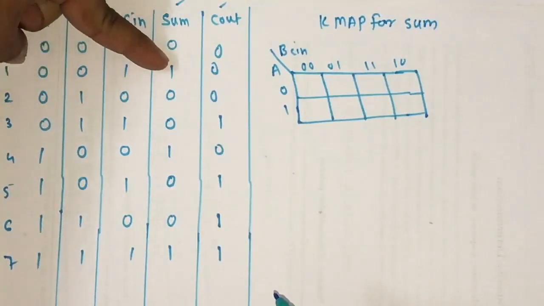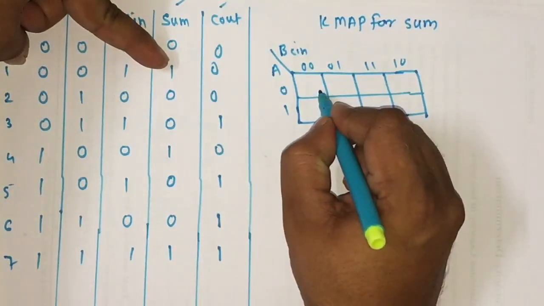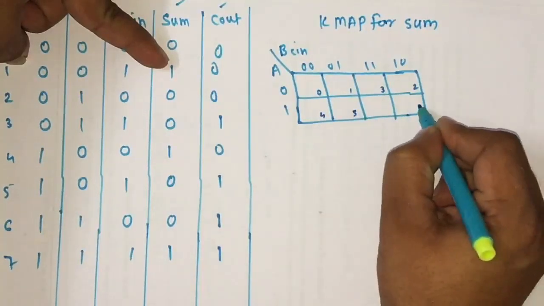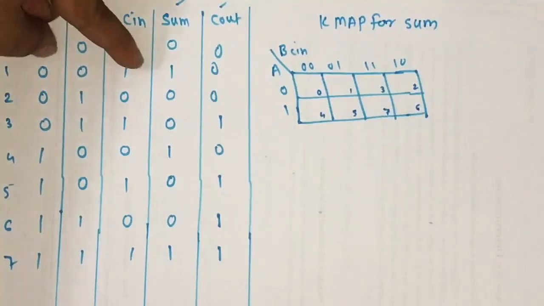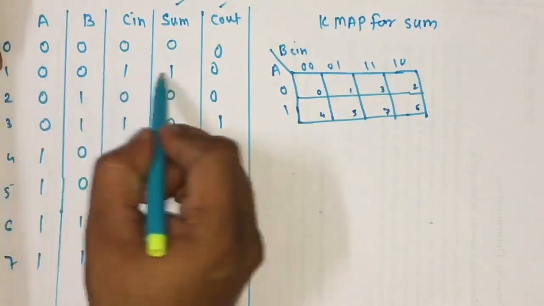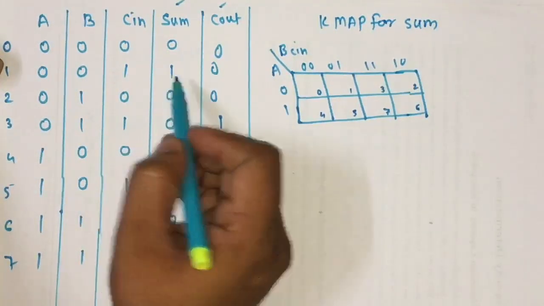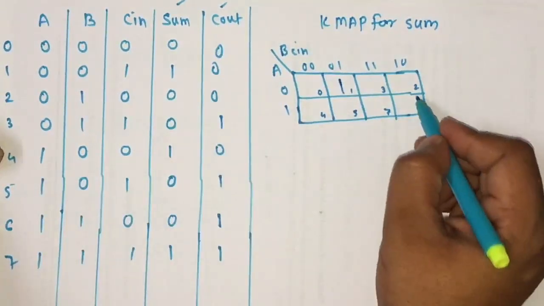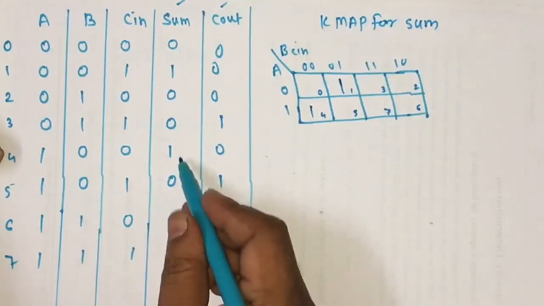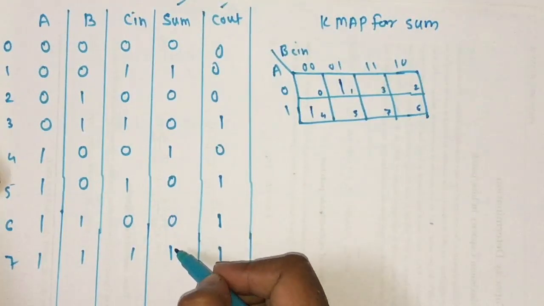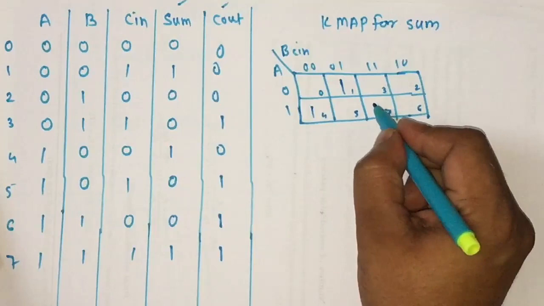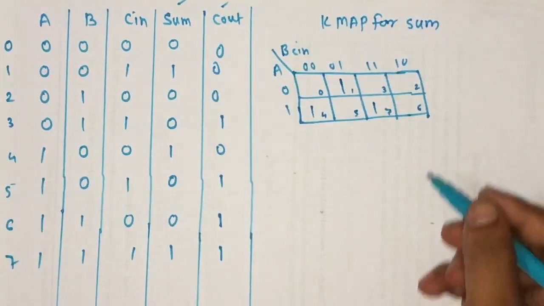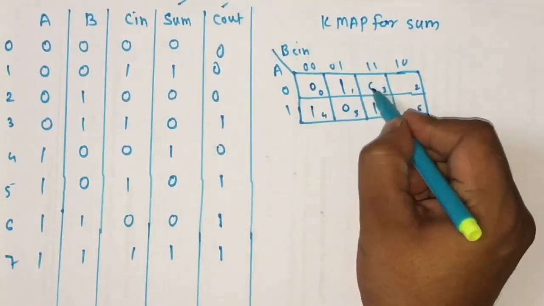The output is 1 for min terms M1, then M4, then M7. So there are 3 ones and the remaining are 0.